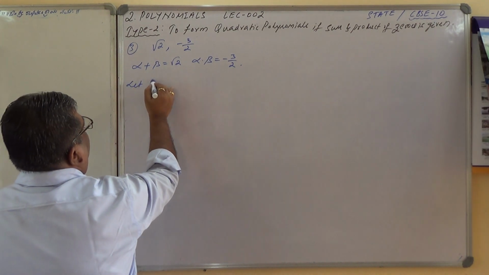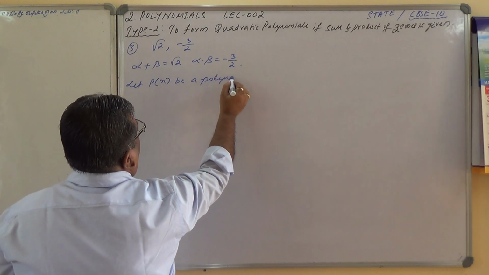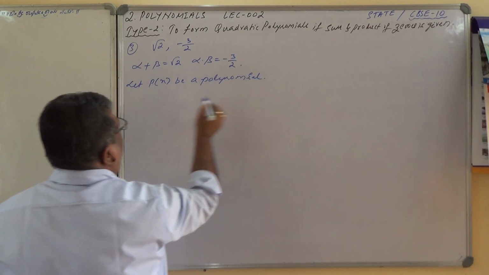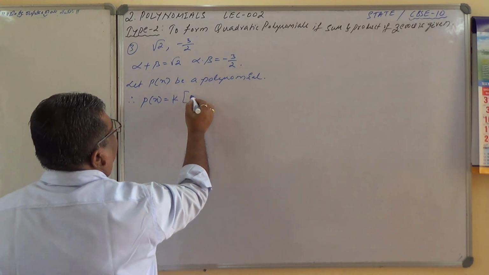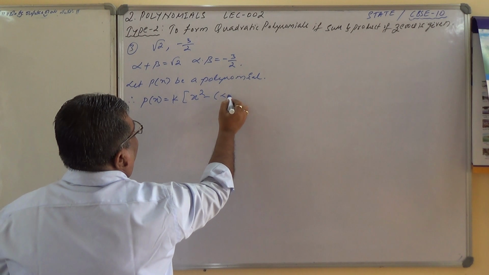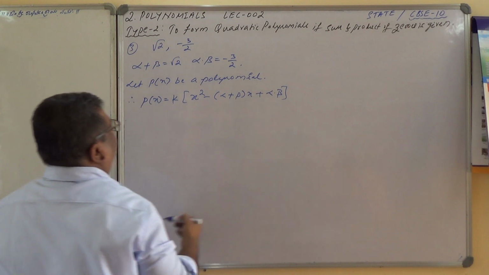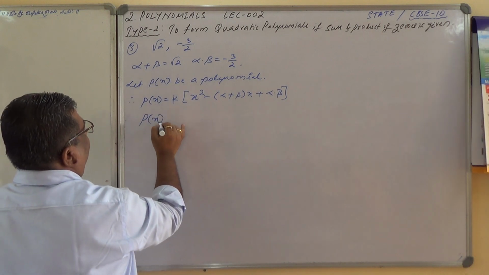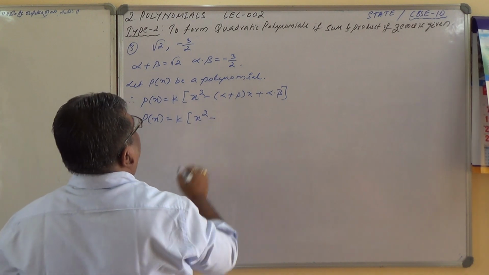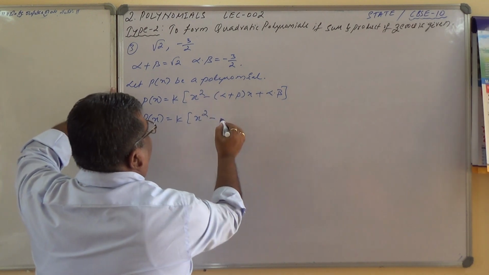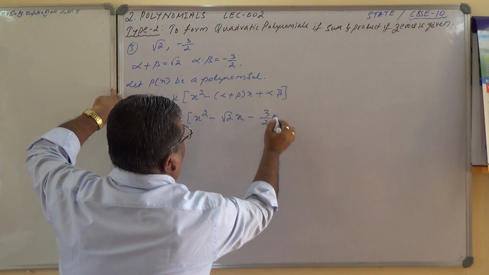So let p of x be a polynomial, and therefore p of x equals k times x square minus alpha plus beta times x plus alpha into beta. So p of x equals k times x square minus, what is alpha plus beta? Alpha plus beta is root 2 times x minus 3 by 2 here.